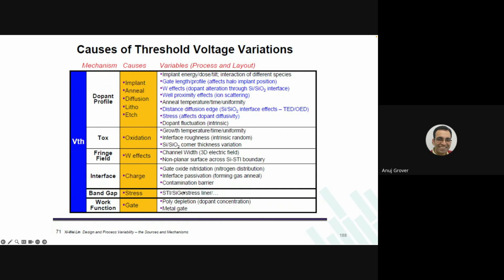Every step, just a little bit of an angle change of the machine, or where your die is on the wafer. If it is on this corner of the wafer or this corner of the wafer, that could change. So there are so many sources of variations in the entire process. Little by little, they accumulate and they make it difficult for designers, like SRAM designers specifically, to design.